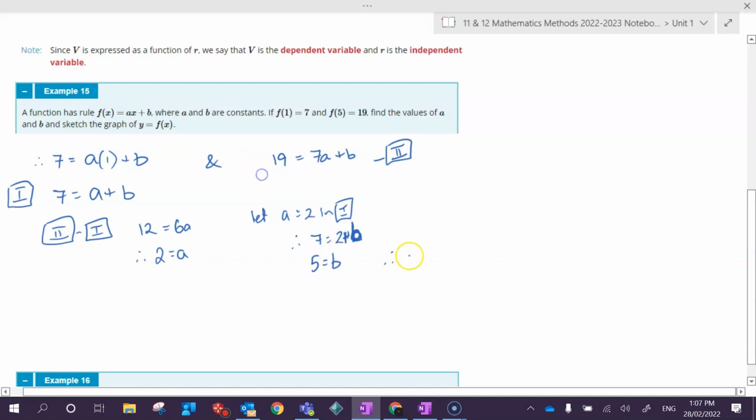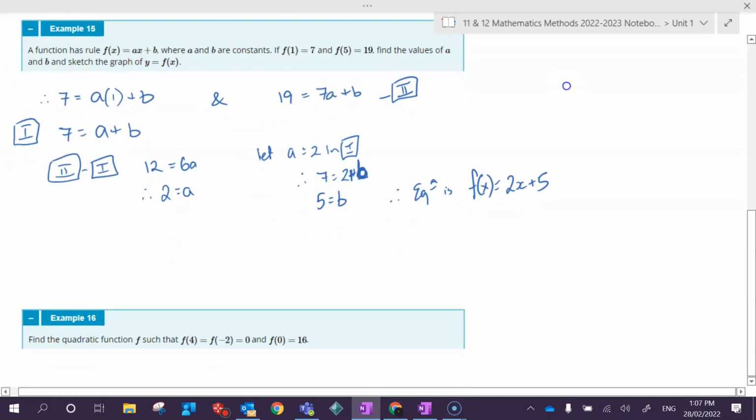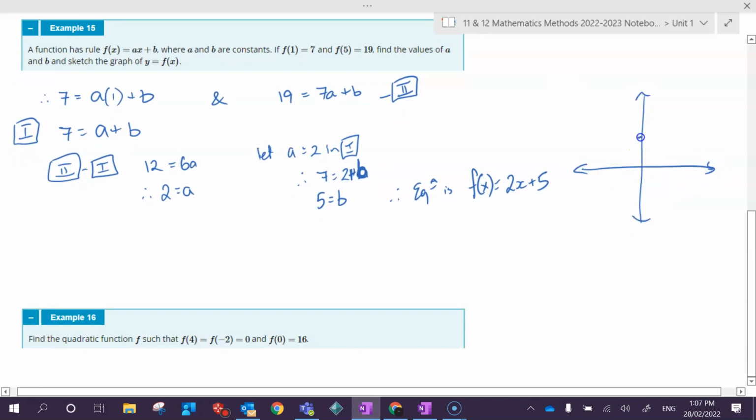Therefore, the equation is f of x equals 2x plus 5. And we can go ahead and sketch that very easily. Gradient of 2, y-intercept of 5. Right through the 5 where I put it.